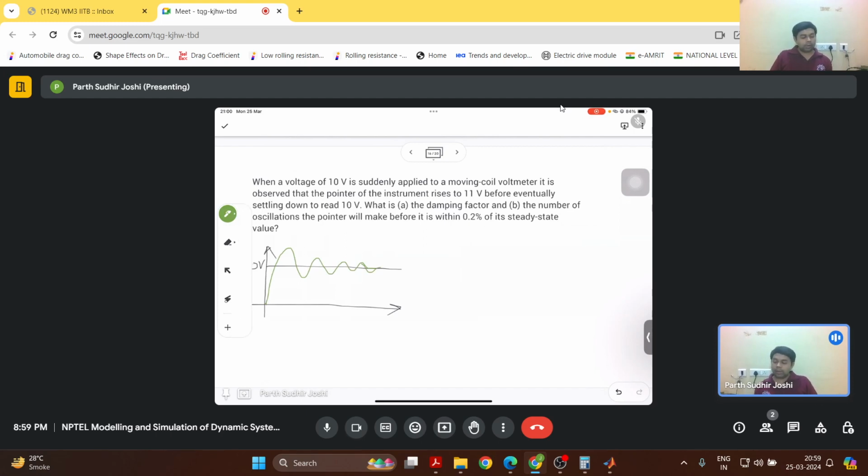It is given that the first peak overshoot is about 11 volt.